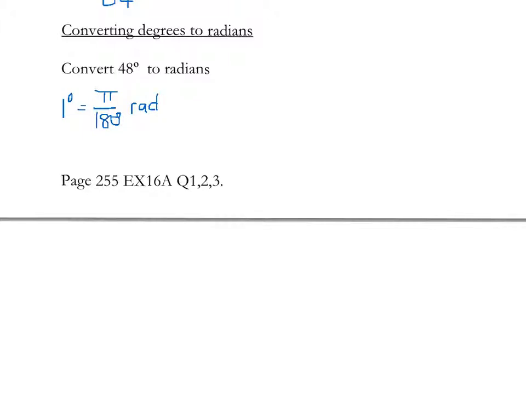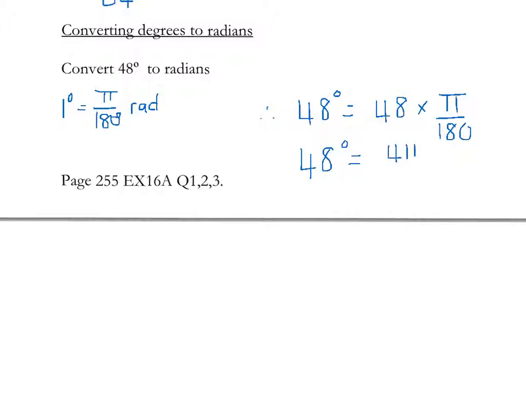So that means if we want to convert 48 degrees into radians, we have 48 degrees is equal to 48 multiplied by pi over 180. So that means that 48 degrees is equal to 4 pi by 15.